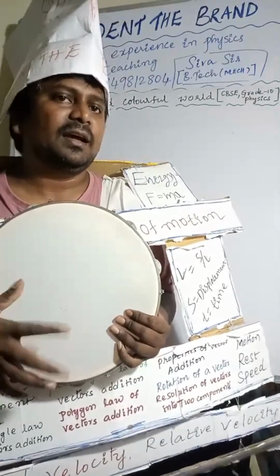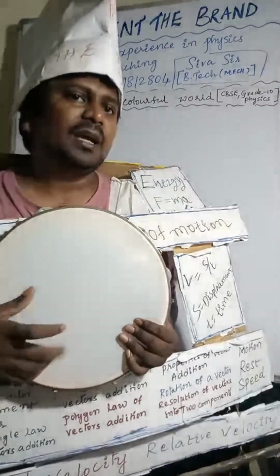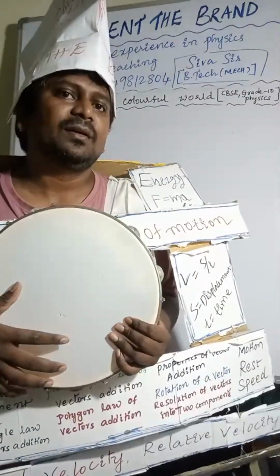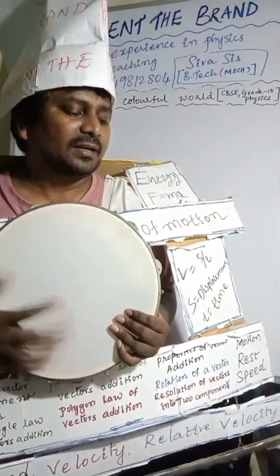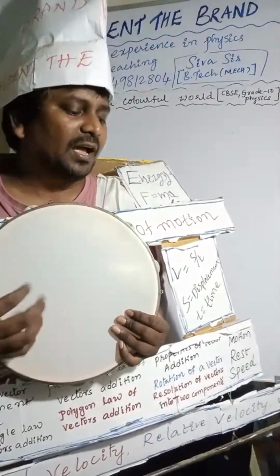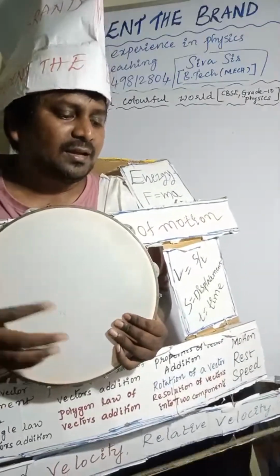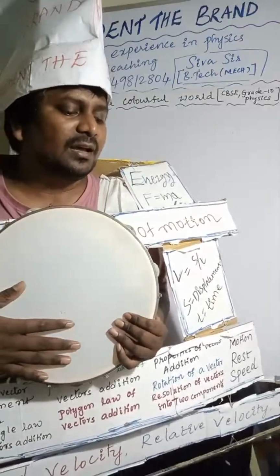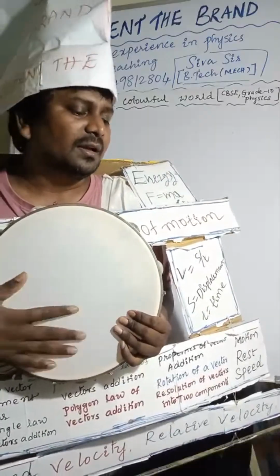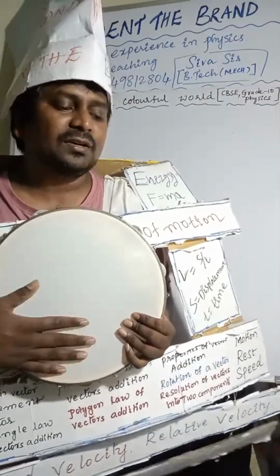For that correction we are using, bro. What, bro? For that correction we are using concave lens, concave lens, concave lens, concave lens.